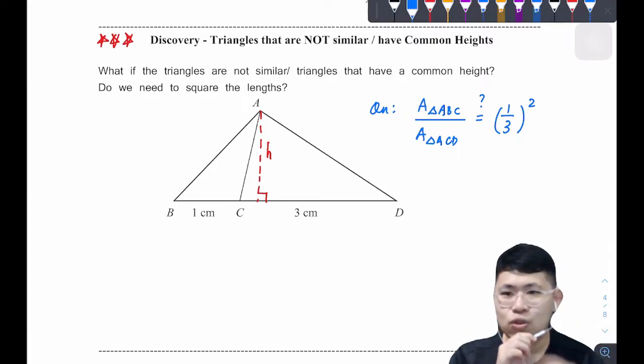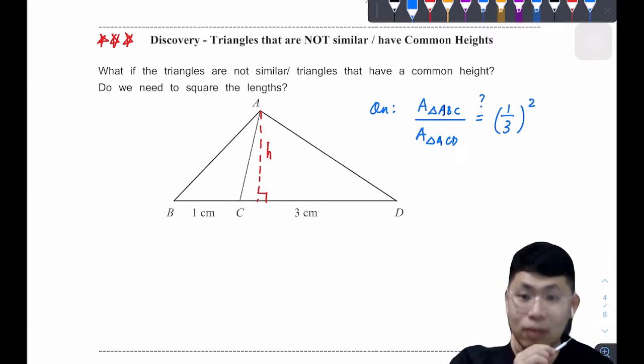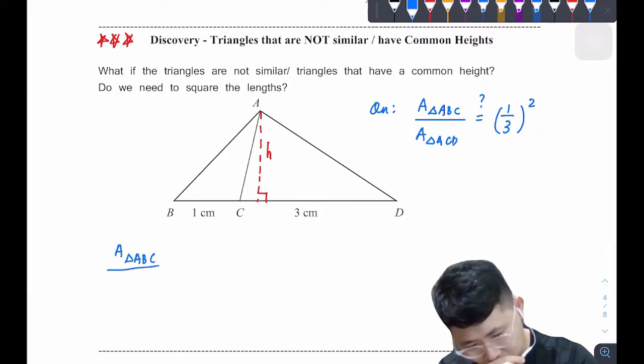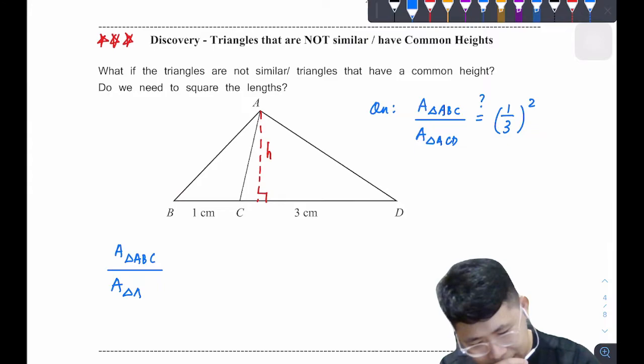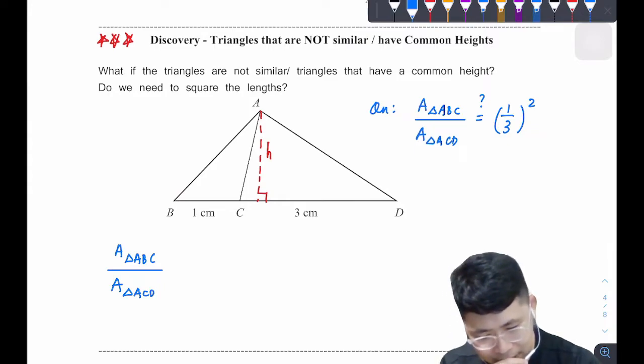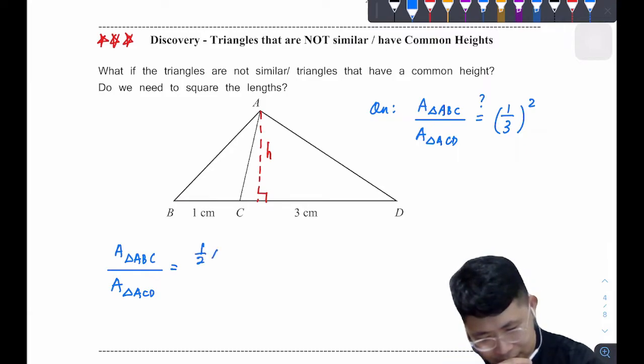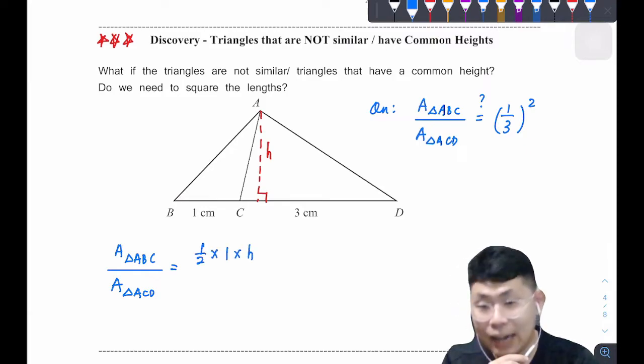So let's do some calculation. The area of triangle ABC over the area of triangle ACD. What is the area of triangle ABC? It is half times base times the height, the common height.